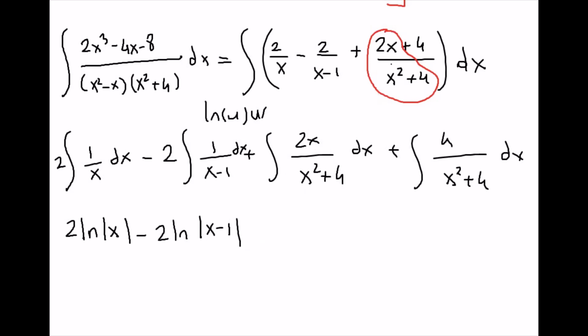This is again ln. If you make u substitution for x squared plus 4, then du will be 2x dx, and if you place everything in terms of u, that 2x is canceled out, so eventually you're going to get ln of x squared plus 4.